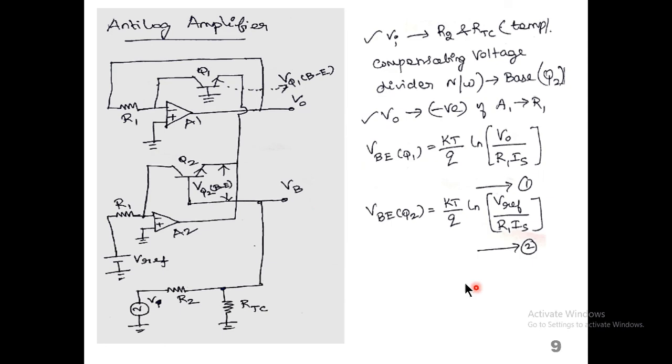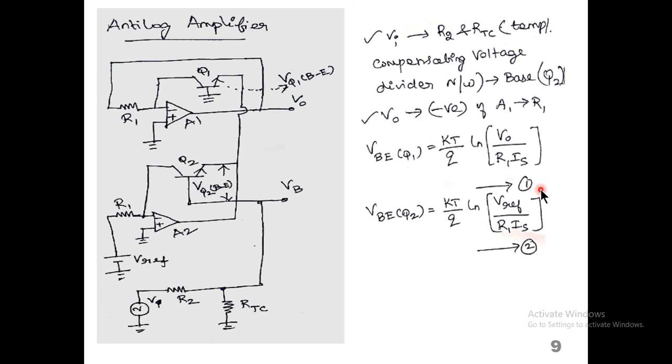Next, the anti-log amplifier. Here the basic and logarithmic circuits are connected in parallel. Finally, on the output side, the temperature compensation resistor is also connected at one point of the output voltage. Here the input voltage depends on R2 in the temperature-compensating voltage network. Next, the output voltage is basically negative, and the emitter-base voltage of transistor 1 is given in equation number 1.